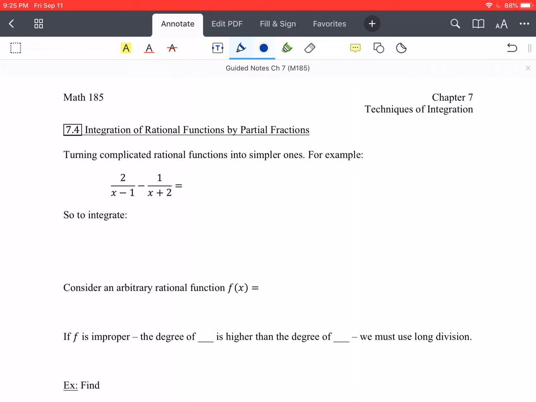So if we have this pair of rational functions here, let's go ahead and combine those into one rational function. So put them over a common denominator of x minus 1 times x plus 2. So we're going to get 2 times x plus 2 minus 1 times x minus 1 over the common denominator.